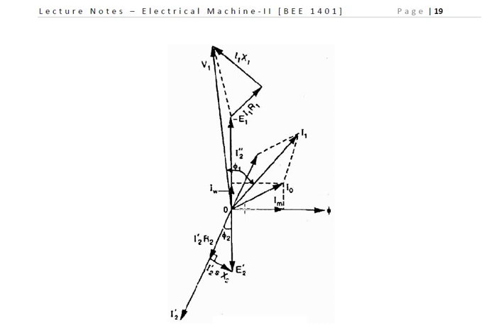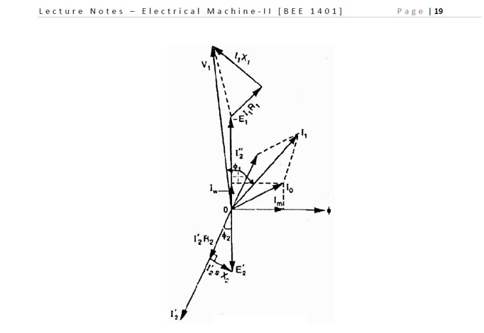Now draw I2 double dash in opposition to I2 dash. This I2 double dash is the reflected current of the rotor current on the stator side.